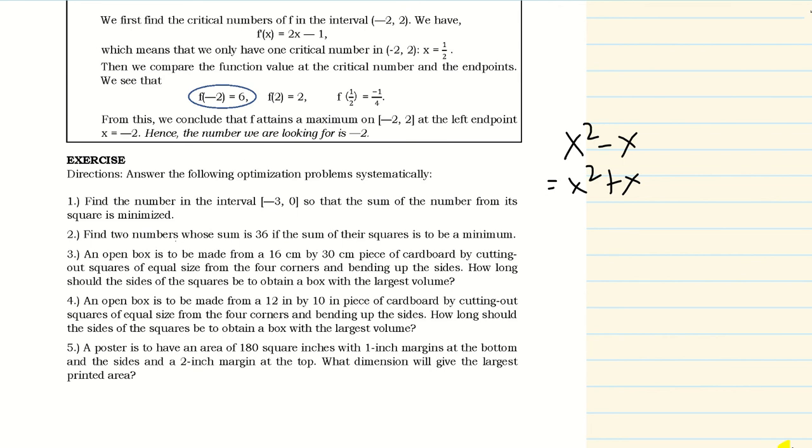How about this? Find two numbers whose sum is 36 if the sum of their squares is to be minimum. This is a tricky question, right? What I did in this number is x squared plus y squared equals 36, and then you get the y, and y should be the f of x.